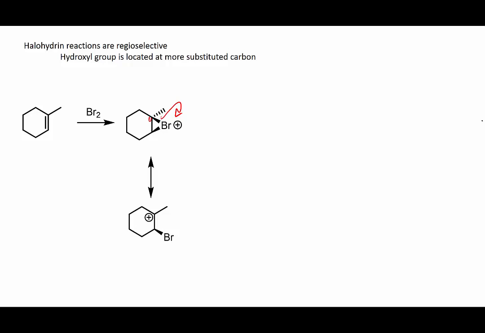Because this carbon here has a more positive charge, any nucleophile will be more attracted to that carbon. So when we add in our water, it will actually attack the more substituted site and open up the ring this way. When that occurs, we will have the backside attack. So if the bromine was in the front here going up, the hydroxyl group will attack from the bottom, which forces the methyl group up, and the ring will just open up.